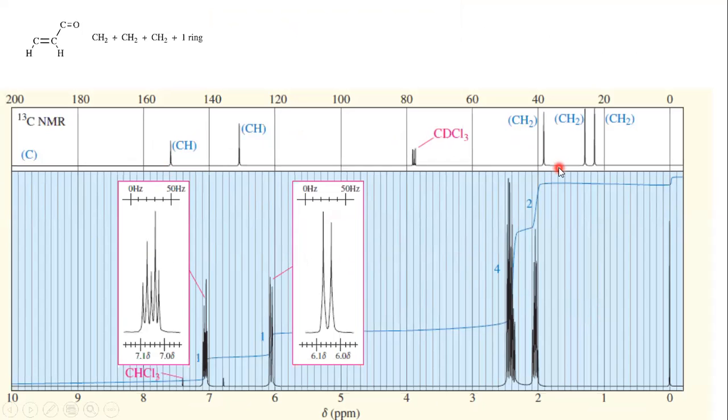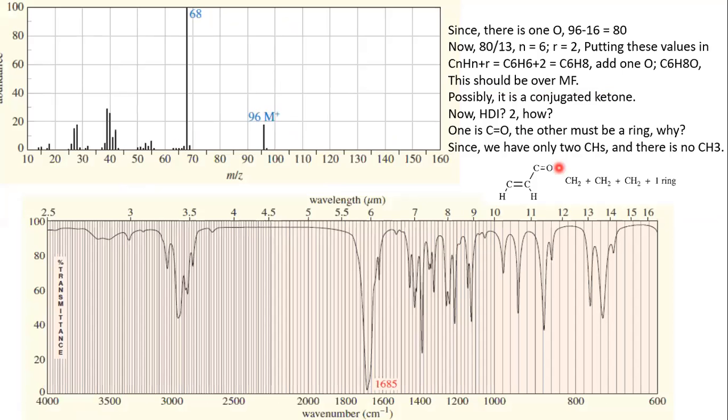So we will be going through these spectra one by one and trying to elucidate the structure of our compound. This is a compound whose mass spectrum is given to us, and in this mass spectrum we have this molecular ion peak, and we don't have any other information except these spectra.